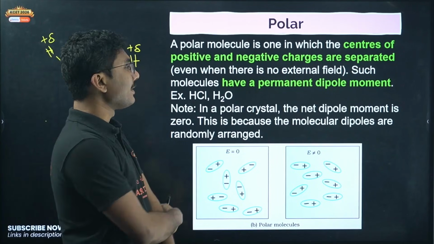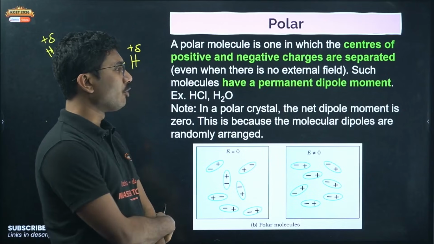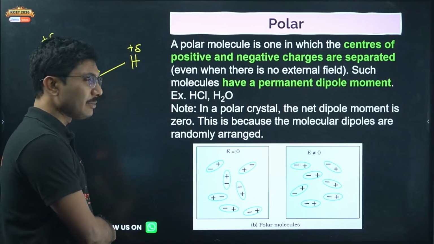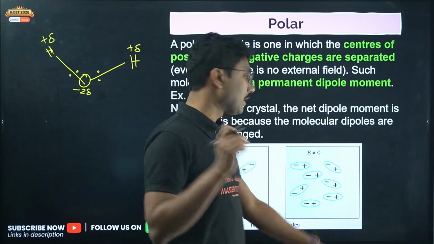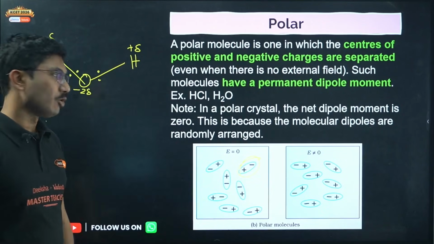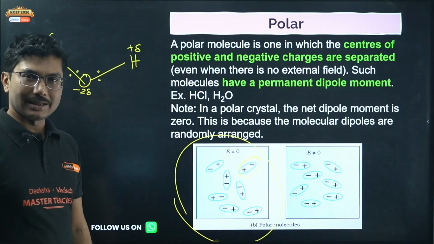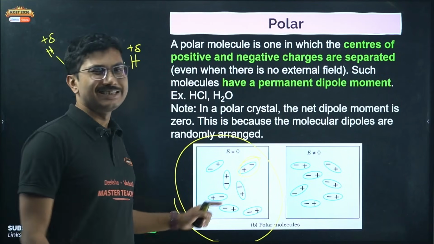Note, in a polar crystal the net dipole moment is 0. This is because the molecular dipoles are randomly arranged. So at the molecular level they have some dipole moment, but at the crystal level the net dipole moment is still 0.